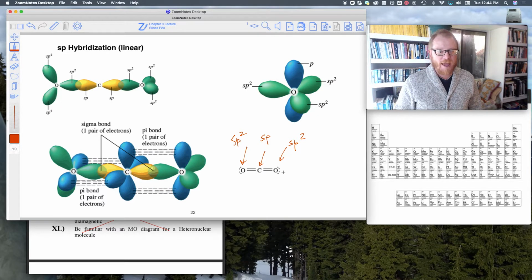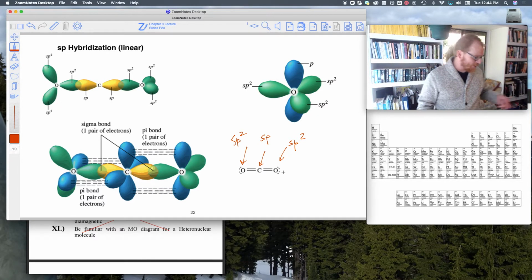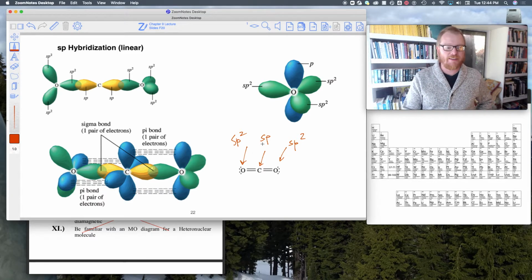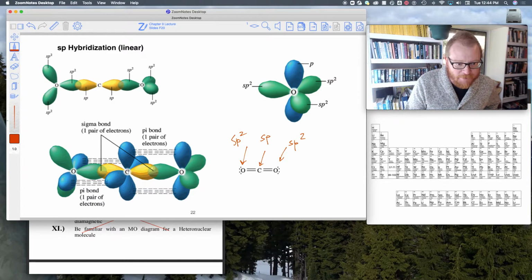I'm not even going to attempt to make this with my Play-Doh because I think it'll fall apart. But if you look at this model, what I have here is my central carbon atom. The yellow represents the sigma bond, and I'll put electron pairs in there.